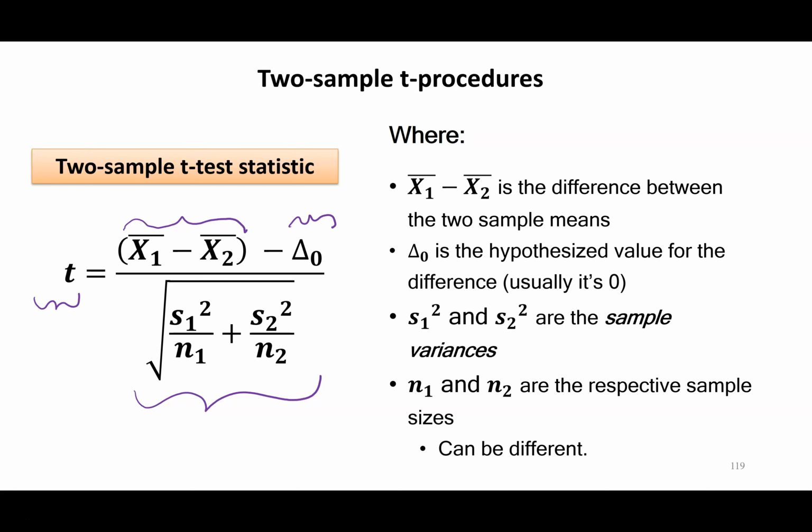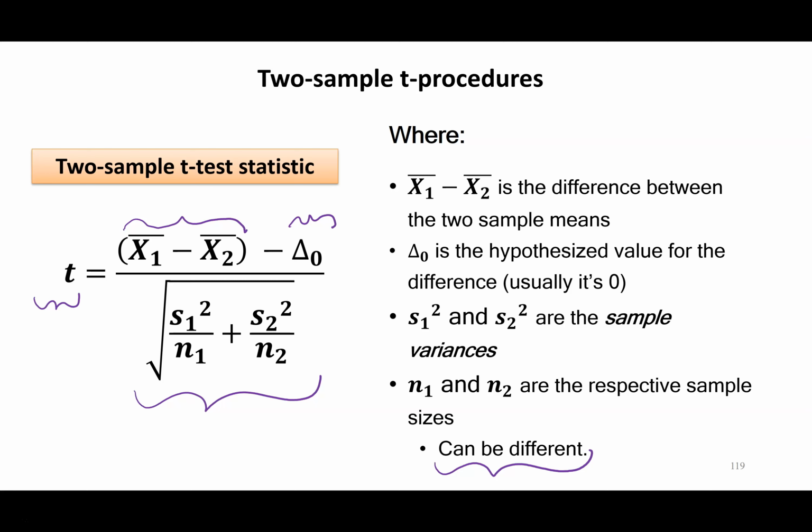Then N1 and N2 are the respective sample sizes. N1 is your sample from population 1, and you can do the same for population 2. You can have different numbers. Unlike with the paired t-test, where you have to have the same exact number in both groups, here this is not required.